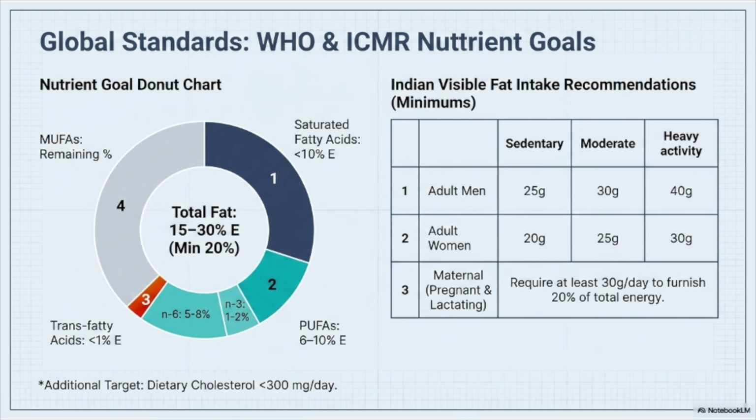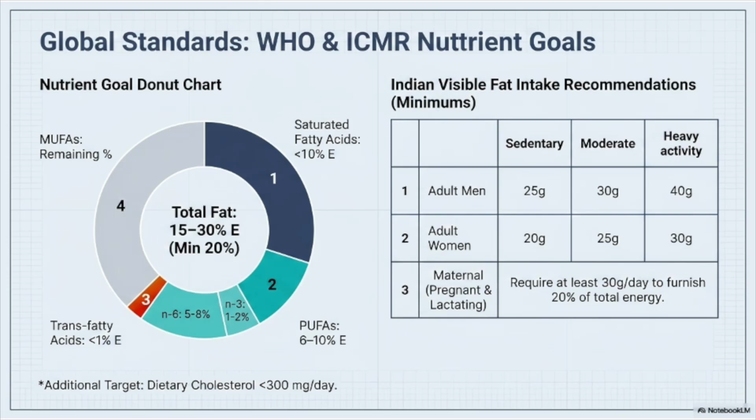To guide healthy intake, global standards have been set by the World Health Organization and the Indian Council of Medical Research. Total fat should make up 15 to 30% of energy, with a minimum of 20%. Within this, saturated fatty acids should be less than 10% of energy.